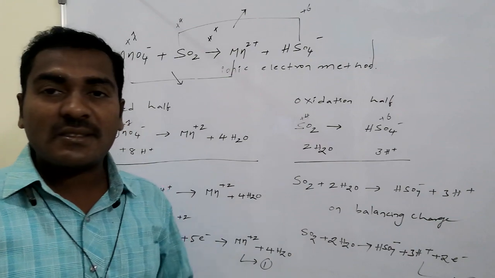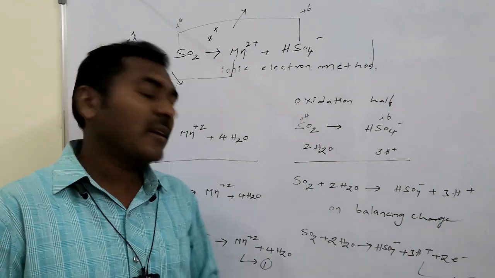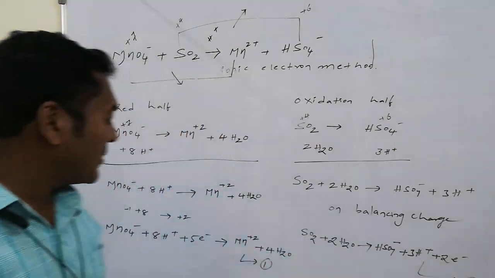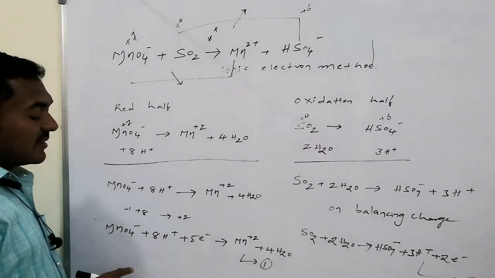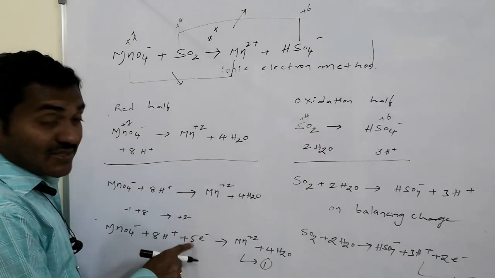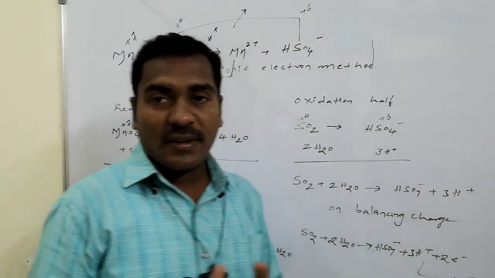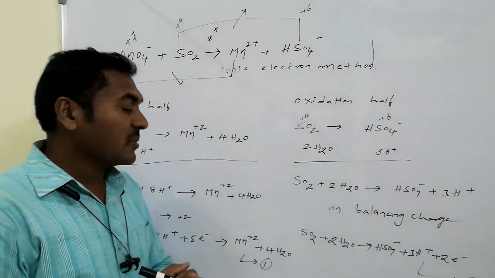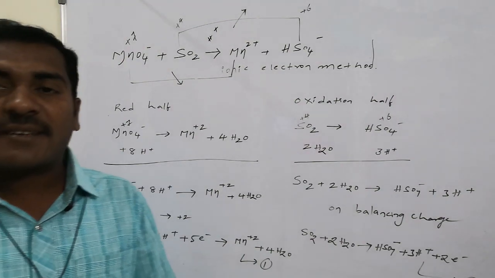These two are the equations. By cross multiplying with the number of electrons involved, the 2 electrons lost in oxidation become the multiple for equation number 1, and the 5 electrons of the reduction become the multiple for the oxidation half reaction. Then the law of conservation of electrons is satisfied, and the net resultant equation becomes the balanced equation.